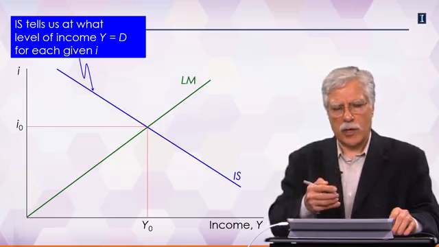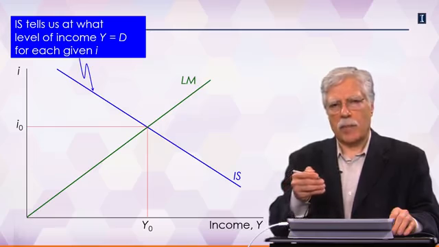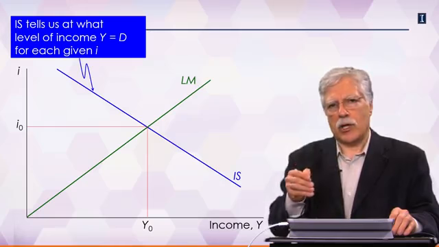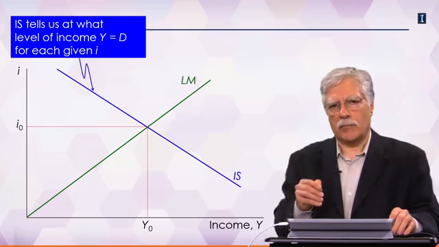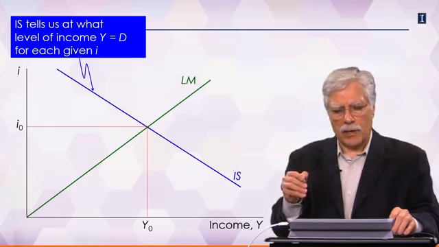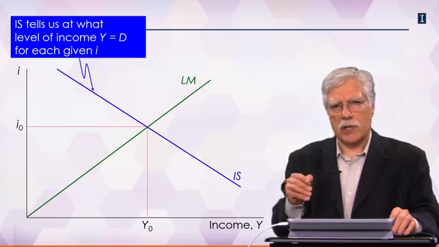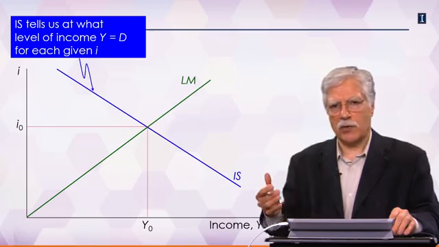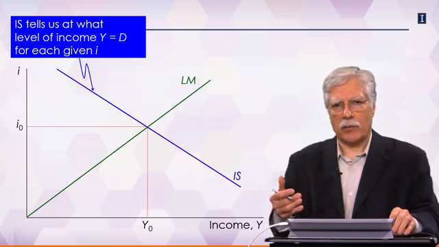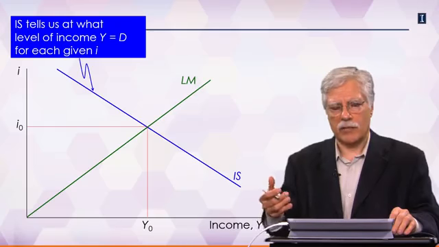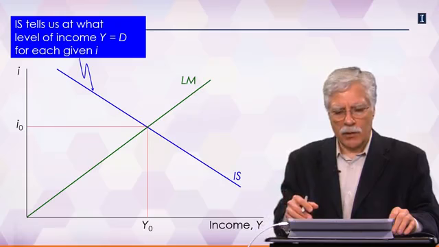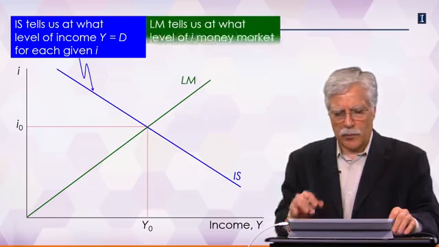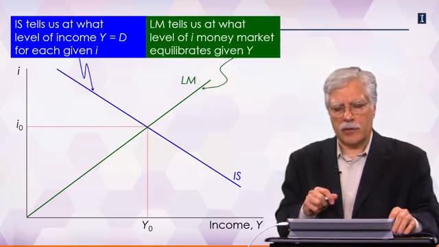So in the goods and services market, interest rate drives income. Remember that in the money market, the relationship is the opposite. It's the income level that drives interest rate. And that's a positive relationship. As income goes up, interest rate is driven up, given the level of money supply and price level and other factors. So that's our LM curve.